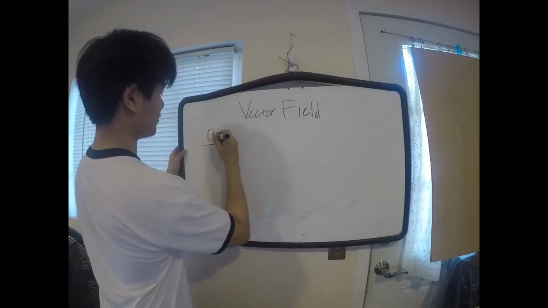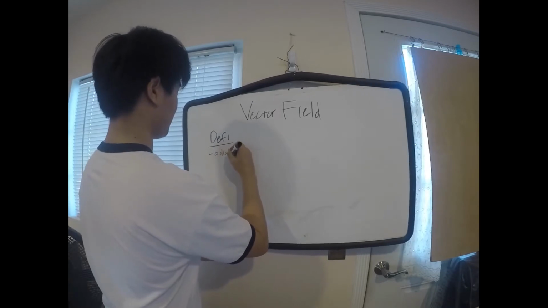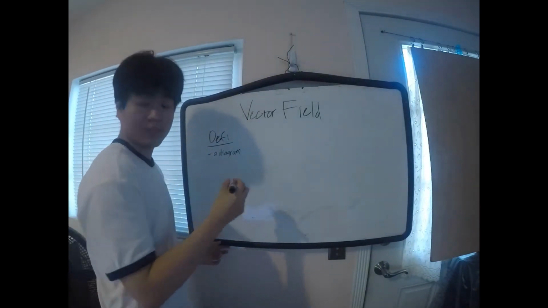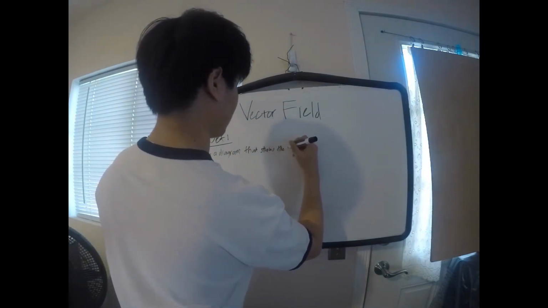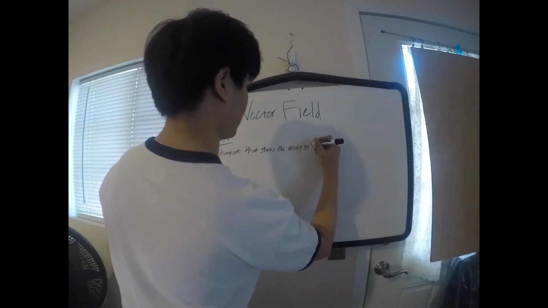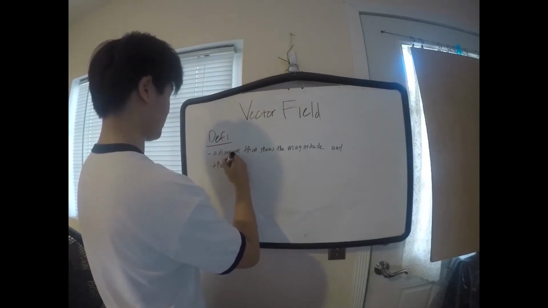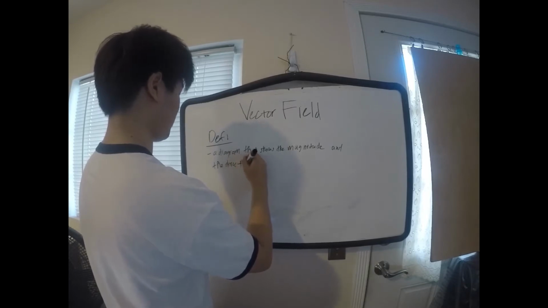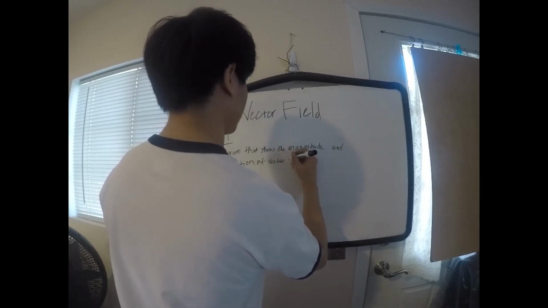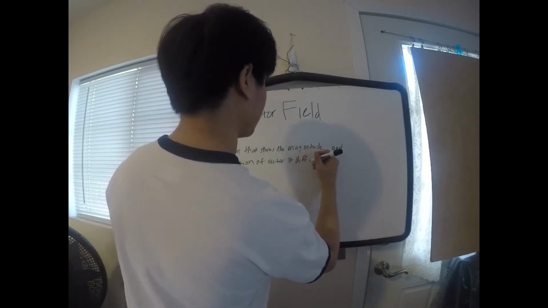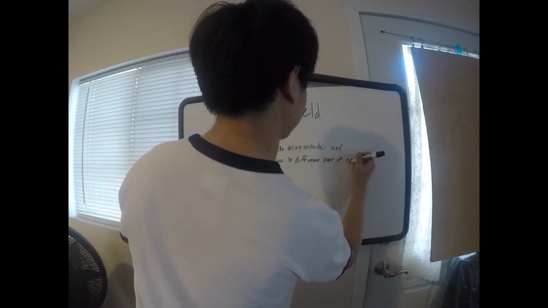So for the definition, a vector field is a diagram that shows the magnitude and the direction of vectors in different parts of space.